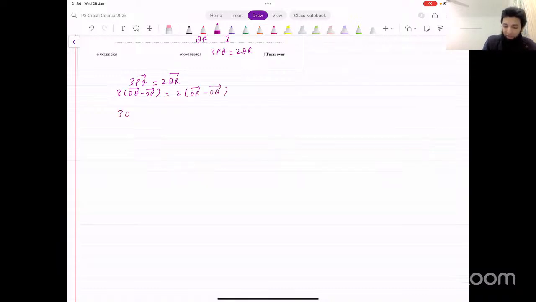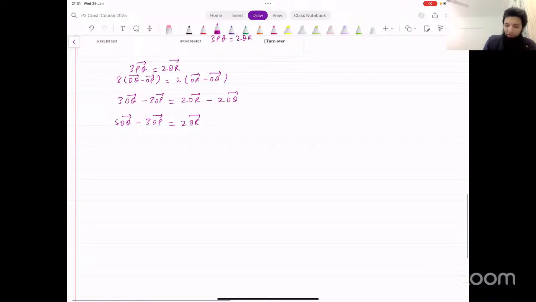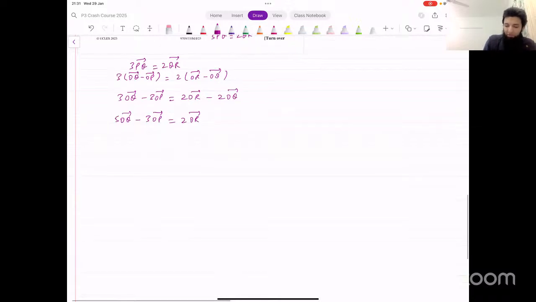So how would that become? 3OQ minus 3OP equals 2OR minus 2OQ. And then 2OR becomes equal to 5OQ minus 3OP. Now you can do the substitution at this point, and then divide by 2 at the very end.